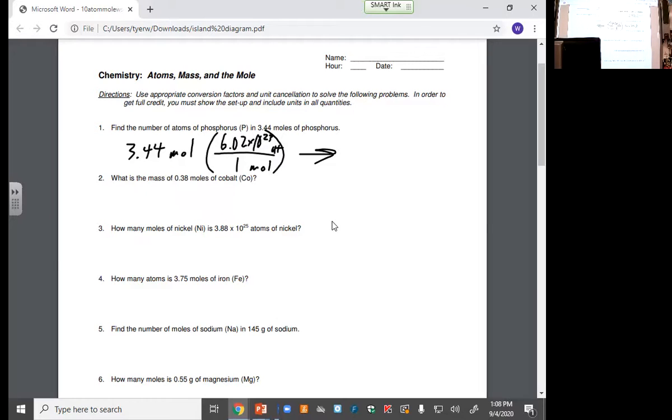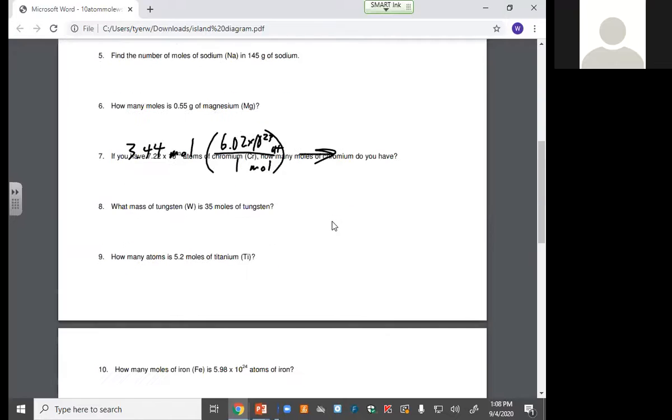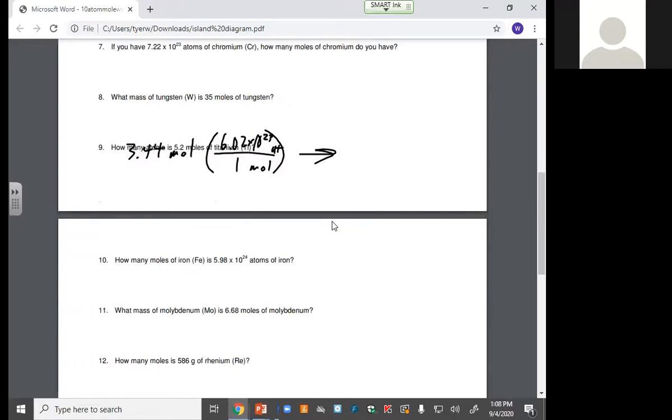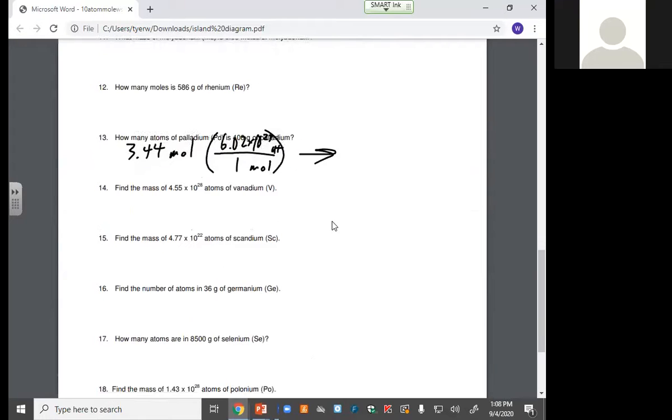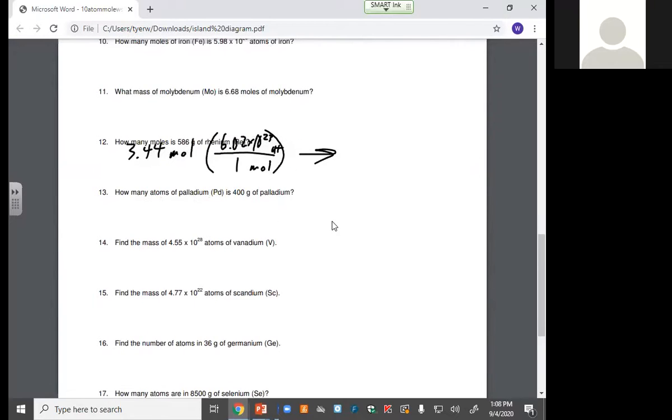18 looks like a lot of questions, but when you realize how quick you can do these, it's really not that bad. Most of them are just one step. They might all be one step. Wait, look. Now the last 13 through 18.